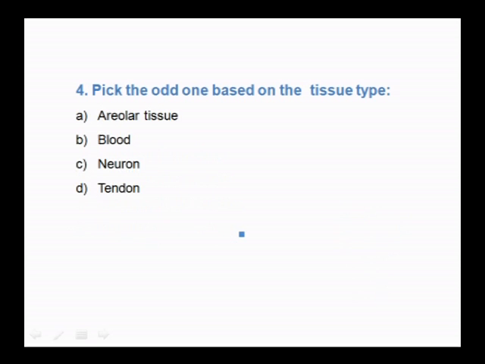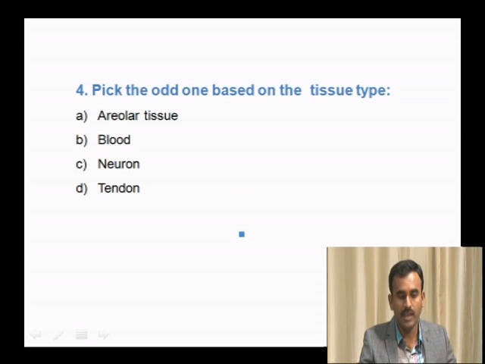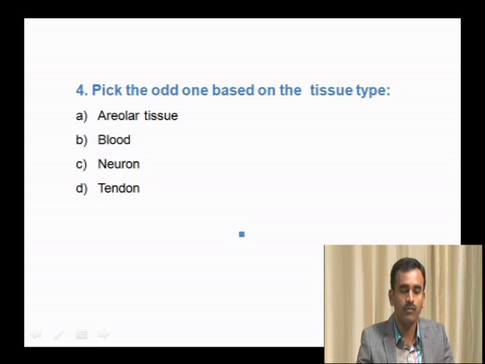Pick the odd one based on the tissue type. Here we have given four different options: areolar tissue, blood tissue, neuron and tendon. Areolar tissue is connective tissue, blood tissue is also a type of connective tissue, tendon is also a type of connective tissue, but neuron helps in the conduction of nerve impulses.